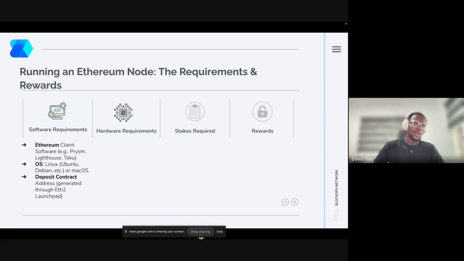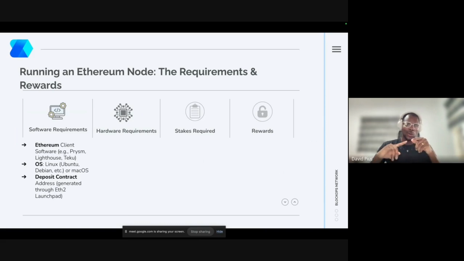For softwares, you need to run what they call the Ethereum client software. There are three clients you'll be running: the execution client, the consensus client, and the validator client. These are the three softwares you'll be installing on your computer.